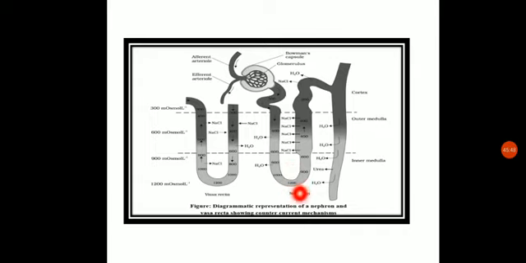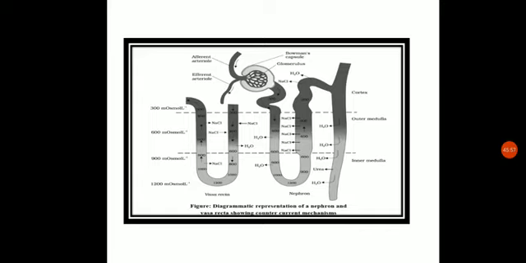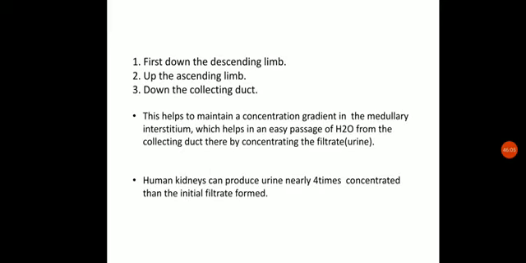This is the first trip. The next trip is from the loop of Henle, the apex or center part, up the ascending limb to the DCT. The last one is the movement of the filtrate in the collecting tube. So here we can see it forms 3 trips through the whole medullary cortical region.